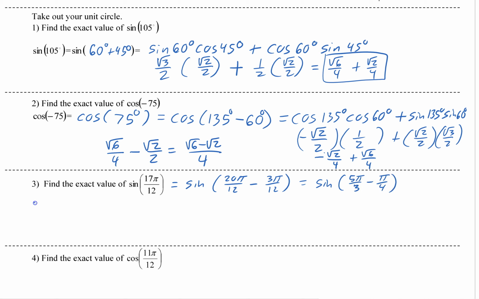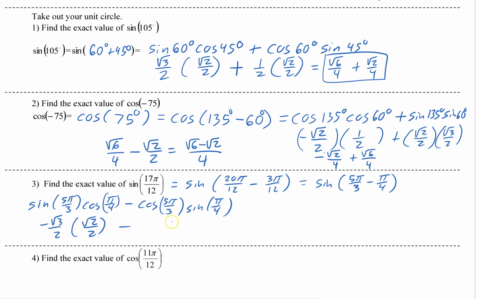And remember, sine is a sharer. So sine of 5 pi over 3 cosine pi over 4 minus cosine 5 pi over 3 sine pi over 4. And so sine of 5 pi over 3 is negative rad 3 over 2. And the pi over 4s are the easiest.